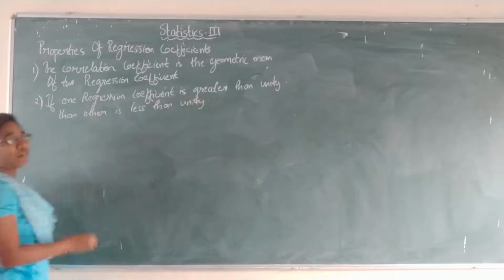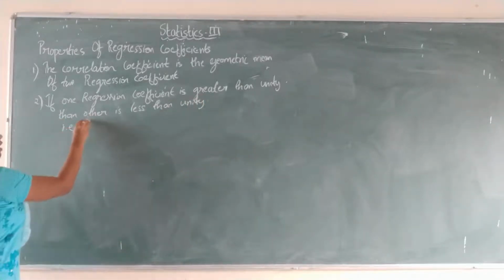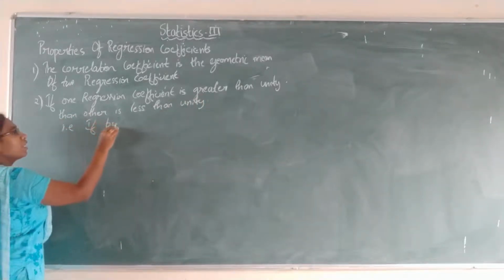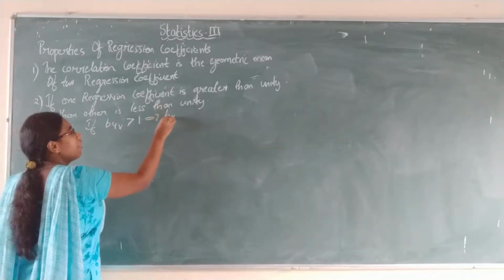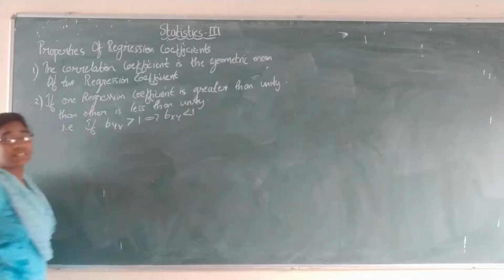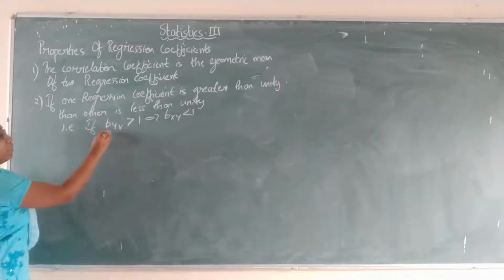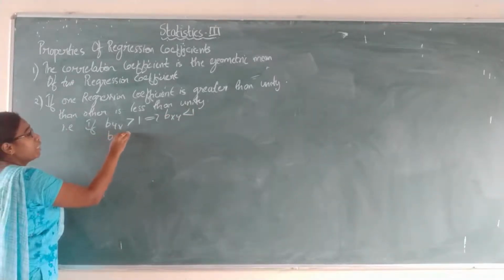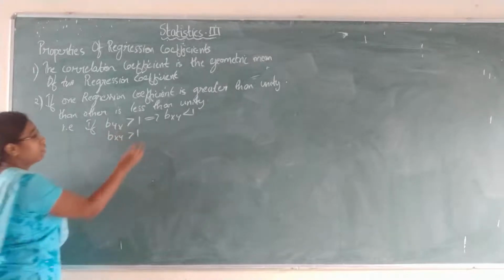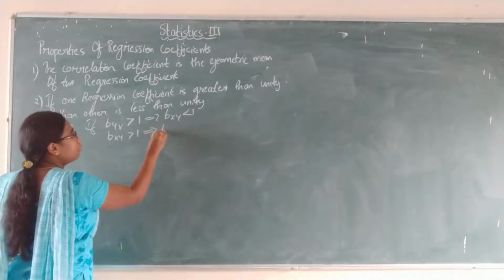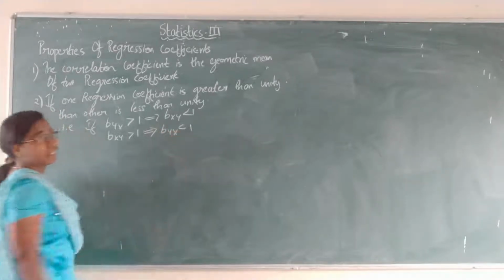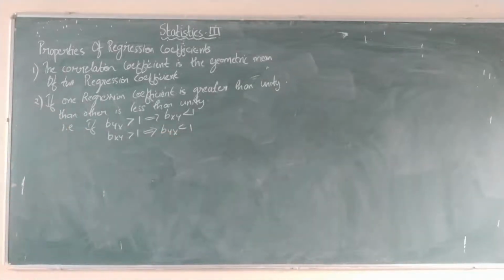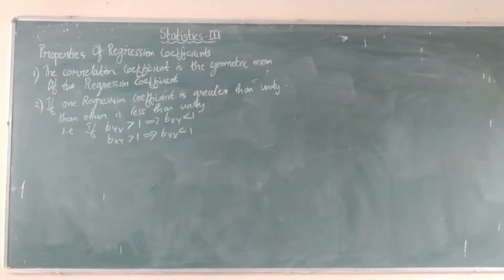So what we have to prove? That is, if Byx is greater than 1, which implies that Bxy is less than 1. Similarly, if Bxy is greater than 1, which implies that Byx is less than 1. Now we will prove this theorem. So now for this, start the proof.